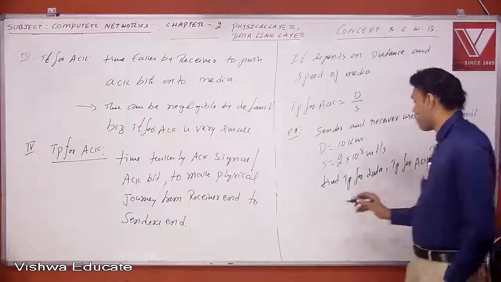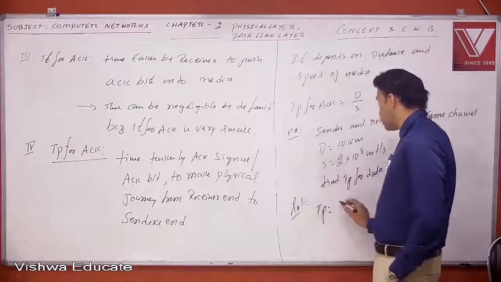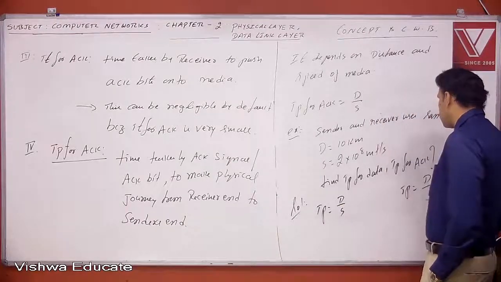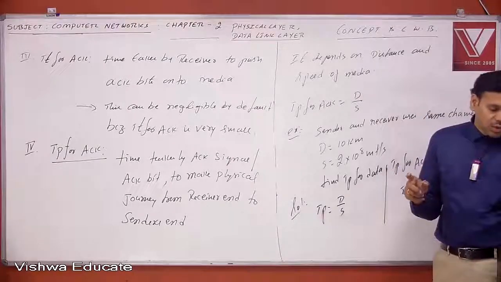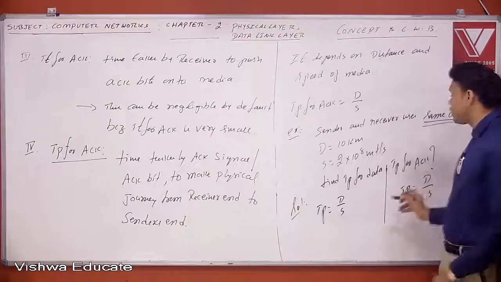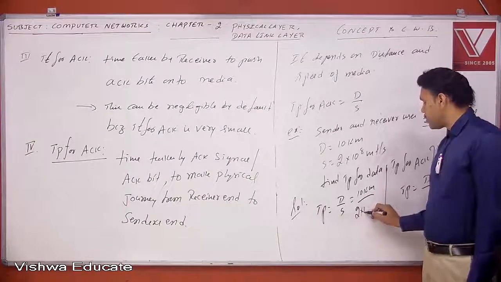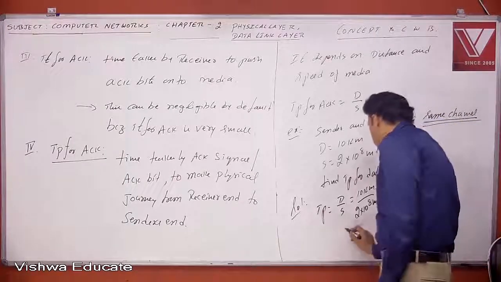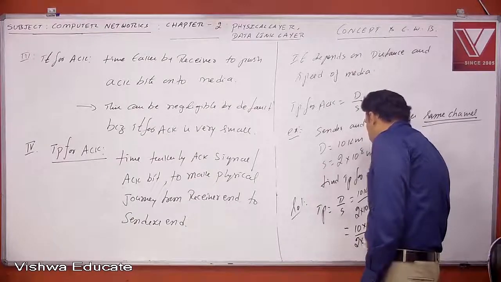How to find? The solution is: TP is equal to distance by speed. Here also TP is equal to distance by speed. So I can calculate one, and it is applicable for both because both use the same channel. So 10 kilometers by 2 into 10 power 8 meters per second, and this equals 10 into 10 power 3 by 2 into 10 power 8.